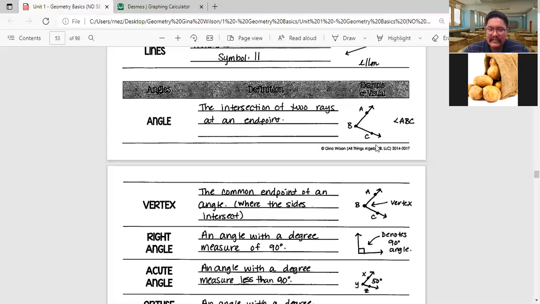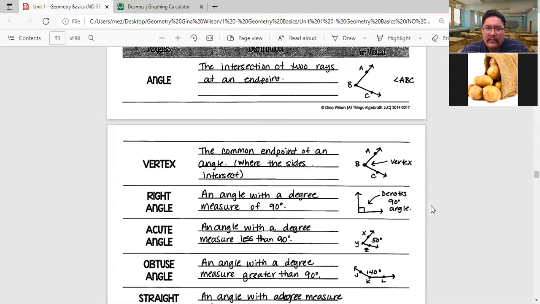You could also say CBA, which would just be going back the other way, but typically we want to keep them in alphabetical order. We just keep it in alphabetical order, not really caring whether it's going up, down, or moving to the right or anything like that.